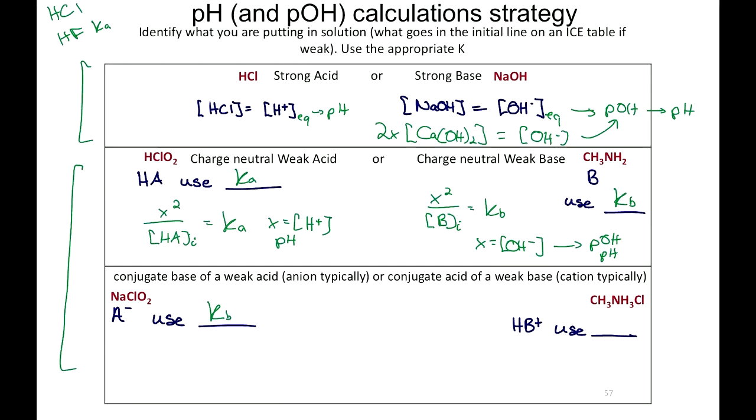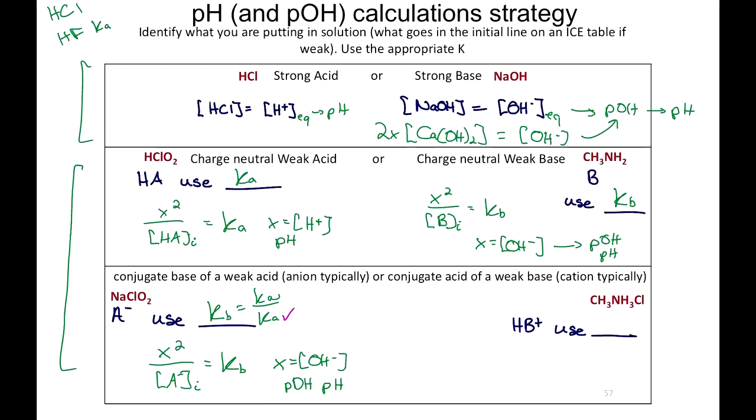No, I will give you the Ka of the conjugate acid, but you're always just one calculation away from getting Kb of that conjugate base. You'll probably be given Ka, so you have to use Kw to solve for Kb. So when you do the pH calculation, it'll be x squared over initial concentration of A minus, but this is equal to Kb. x is going to be equal to hydroxide concentration because you used Kb, so then you calculate pOH, then pH.